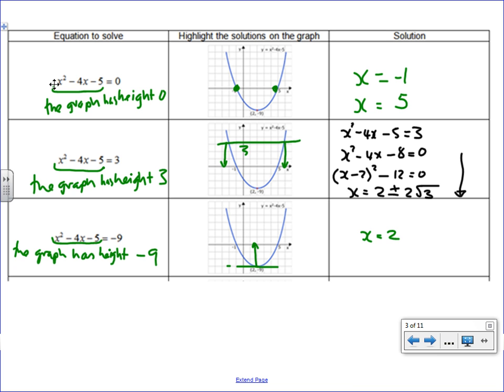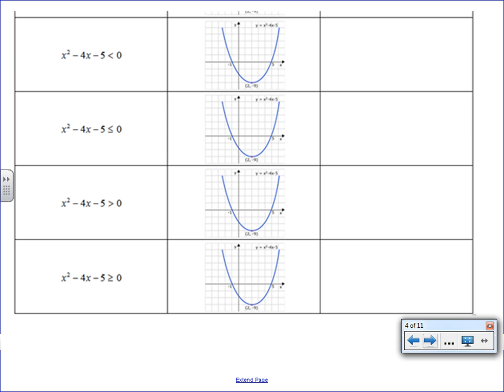So, the next ones are where we get the inequalities. The graph has height less than 0. Has height, it's not really a height if it's negative, but anyway, has height which is negative.